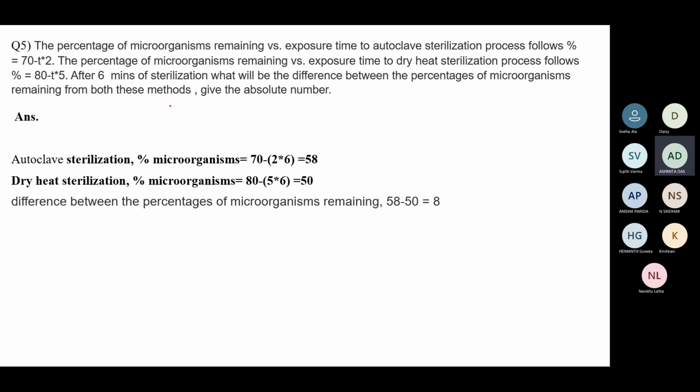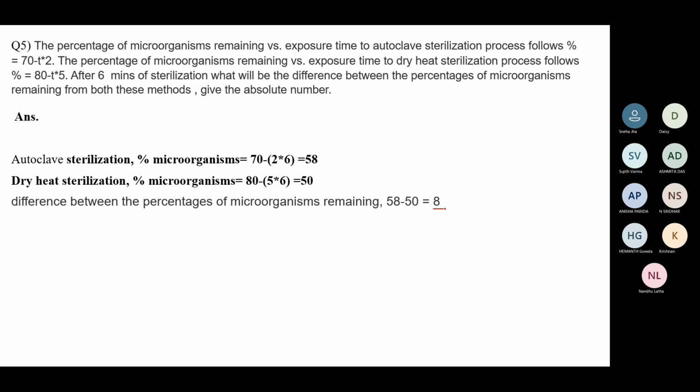Whereas in the case of dry heat sterilization, the percentage of microorganisms remaining is 80 minus 5 into 6. So 80 is the main value, 5 is also given, and in place of t we put 6. So from there it comes as 50. So the difference between the percentages of microorganisms remaining will be 58 minus 50, which equals 8. Okay, so it's clear to everyone.